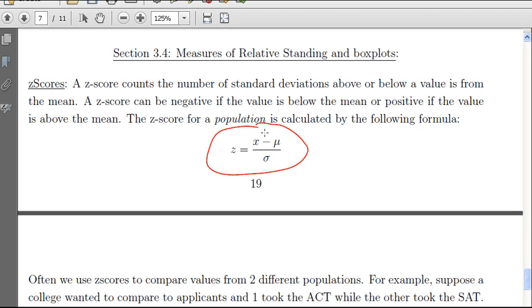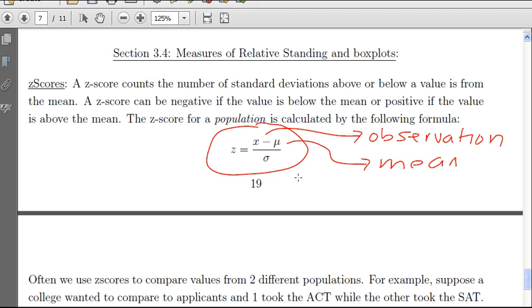X is the observation you are interested in. Mu is the Greek letter mu for the mean of the population, and sigma is the Greek letter we use for standard deviation. So we take the value we're interested in, find the distance from the mean by subtracting, and divide by the standard deviation.